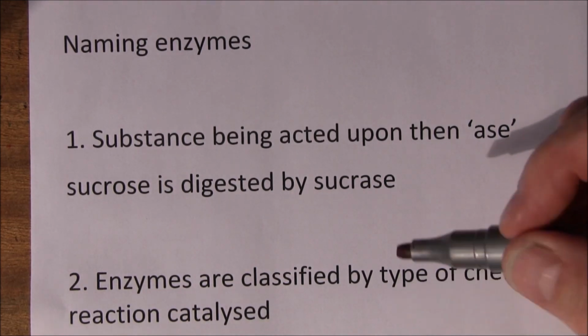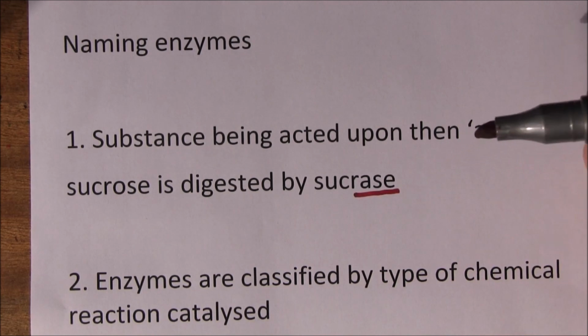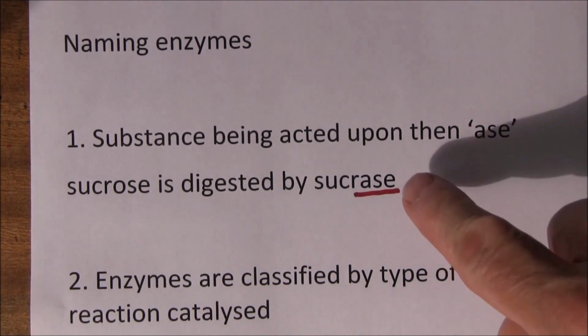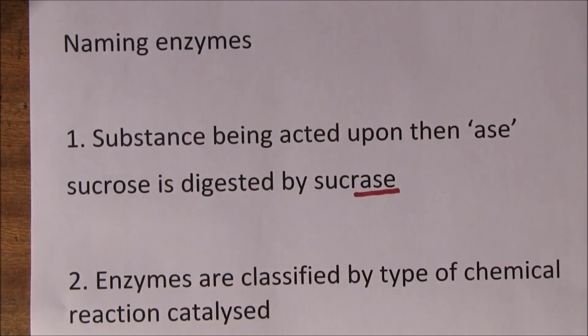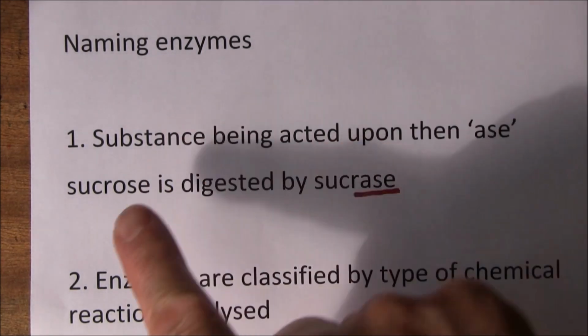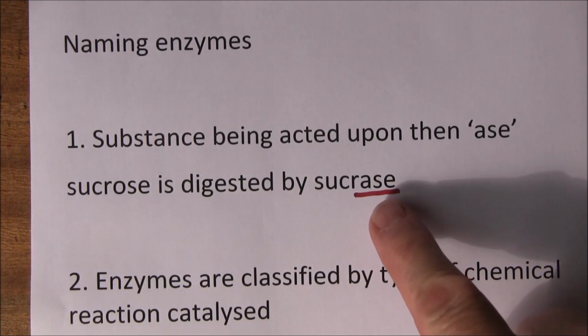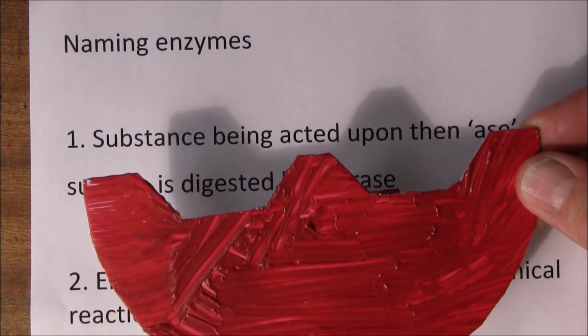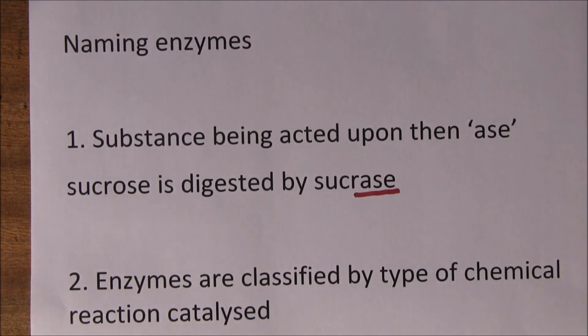So the -ase indicates that it's an enzyme, sucrase. Now, having said that, there are some examples of enzymes which are named before this convention became well recognised. So it's not a universal rule, but generally enzymes end in -ase. So it's the substrate, sucrose in this case, followed by -ase. So this was a sucrase enzyme.